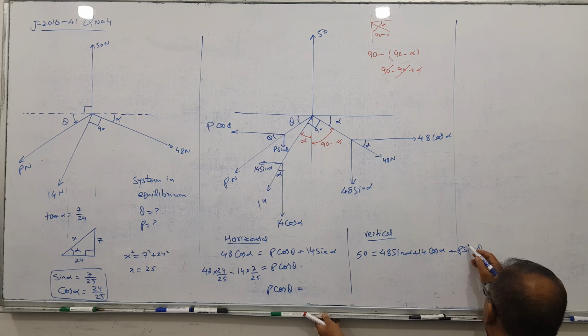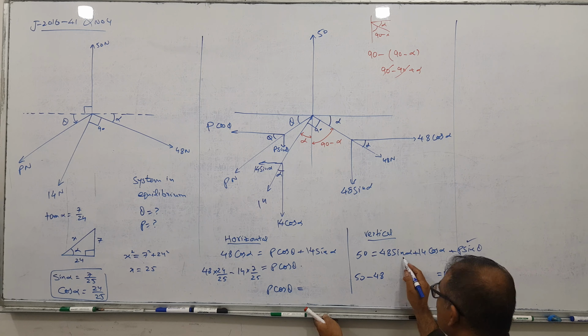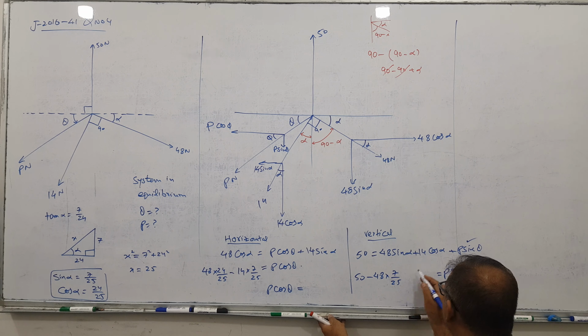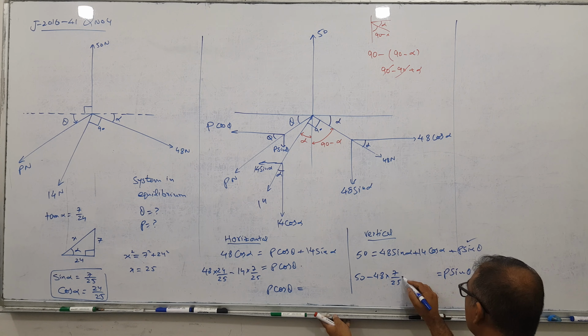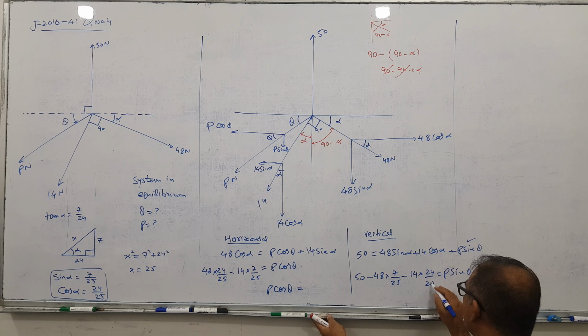Similarly, I'll make this one the subject, so P sine theta alone, the rest goes there: 50 minus 48 times sine alpha, which is 7 by 25, and this is also 14 times cos alpha, which is 24 out of 25.